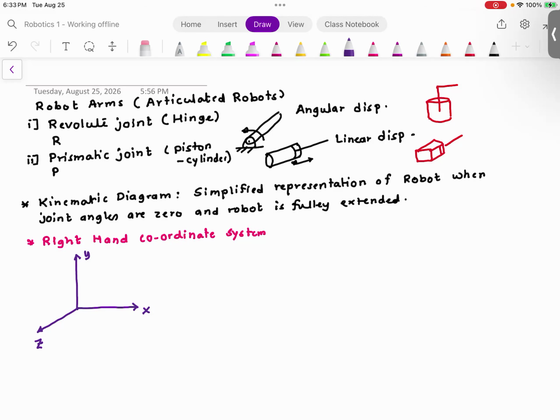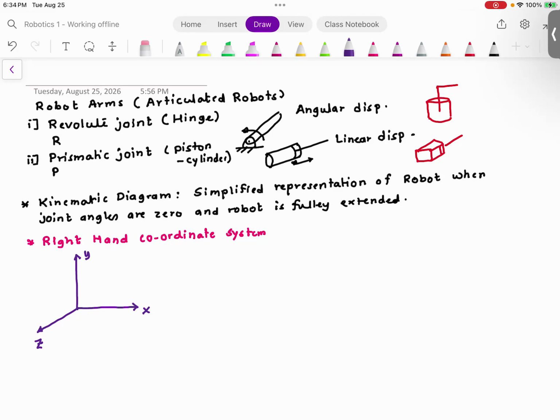So your thumb is your x-axis, the first finger is your y-axis, and your z-axis is coming out of the board. Now, if you had something like this, if you have the x-axis and the y-axis, then your z-axis is going to go down. So you are going to have a coordinate system that is oriented in this 3-dimensional space. But no matter how the coordinate system is oriented, you would be following the right-hand coordinate system, the right-hand thumb rule.